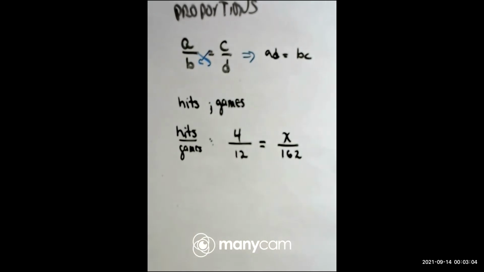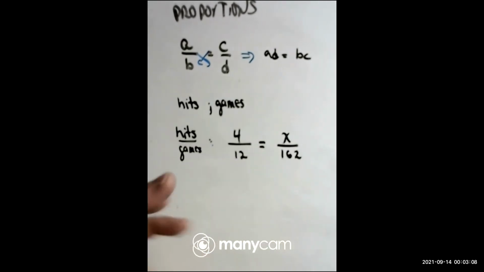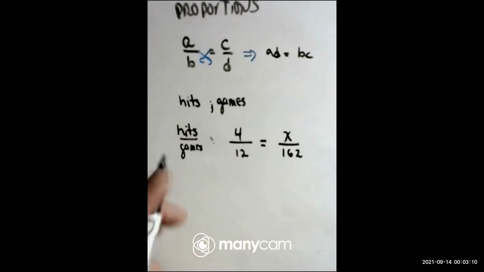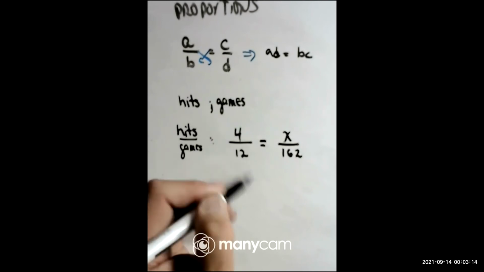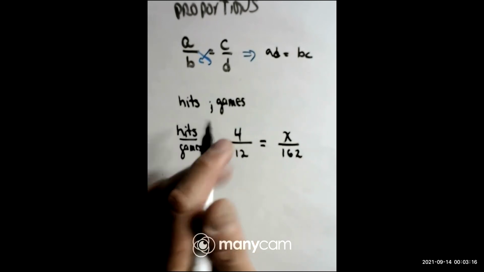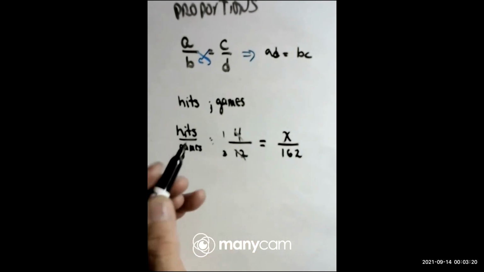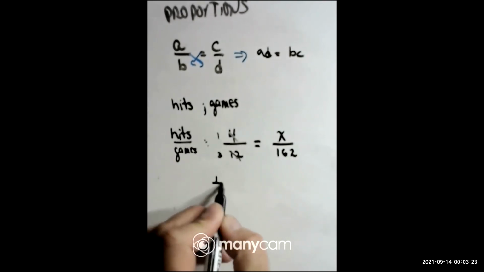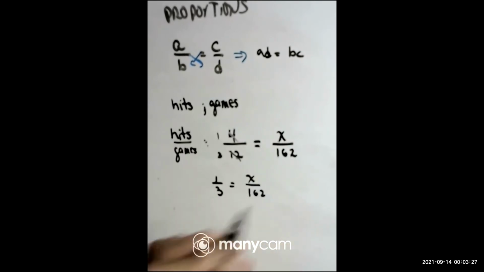This will be the unknown X. Notice that I can just quickly cross multiply. However, I'm not going to do that yet, because 8 over 12 can be simplified. I can reduce it by 4. So my new proportion is 2/3 equals X over 162.